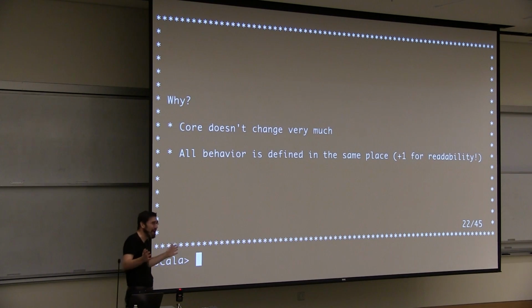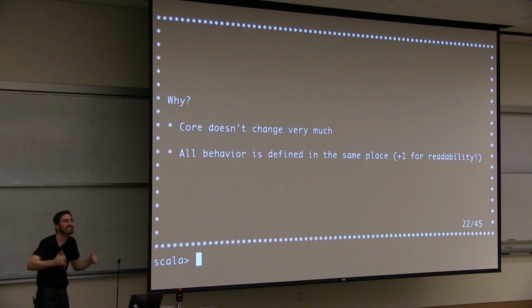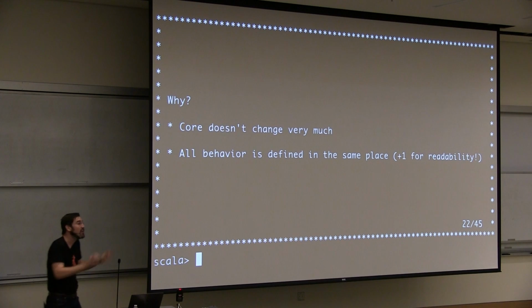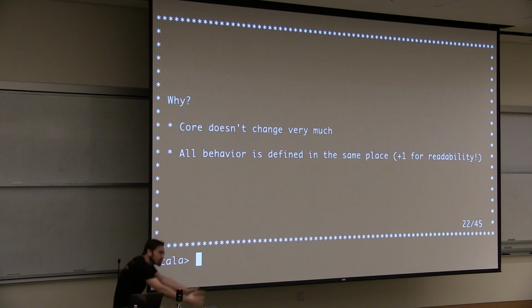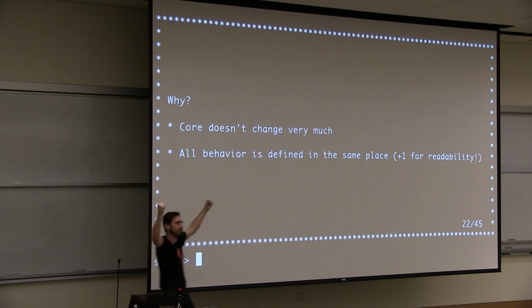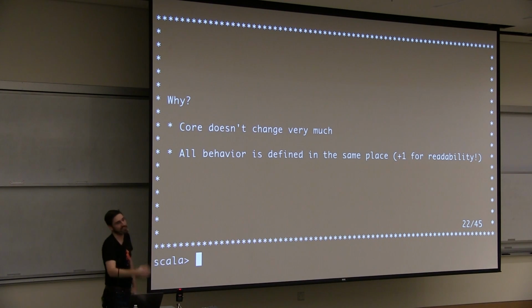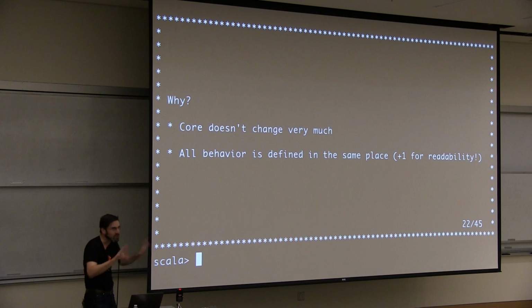So all the behavior is defined in one place. This is amazing. Because you have this central repository of truth where you are the king or queen of this repository. Everyone who wants to enter has to come into your domain. You grant access. This is good. Right, so trust me on this one.